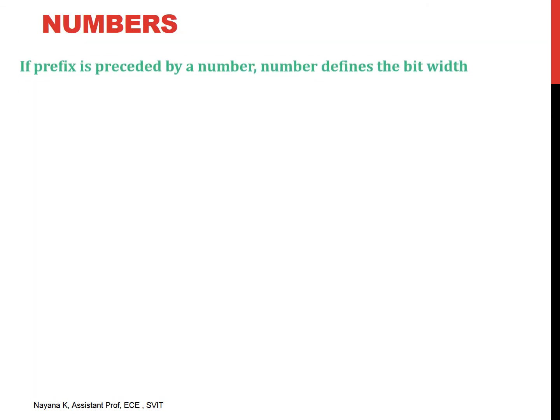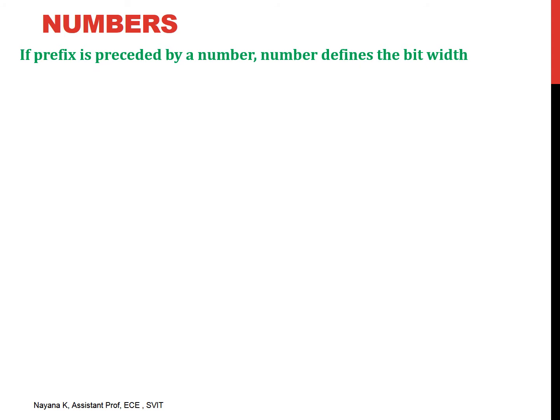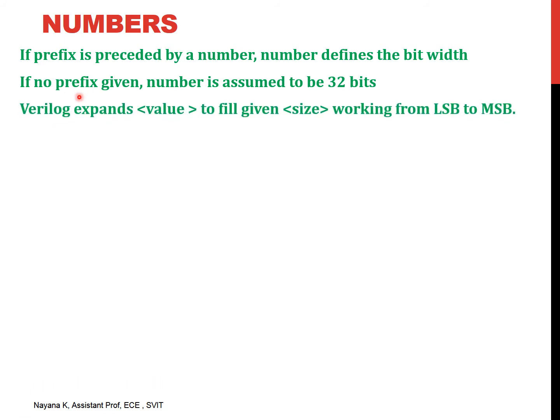Let us see more about the numbers. If the prefix is preceded by a number, the number defines the bit width. We know this concept. If we do not mention the size, by default the size assumed is 32 bits, which is machine specific. Verilog will expand the number to fill the given size, working from LSB to MSB.